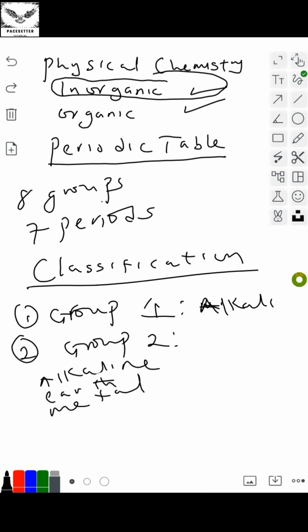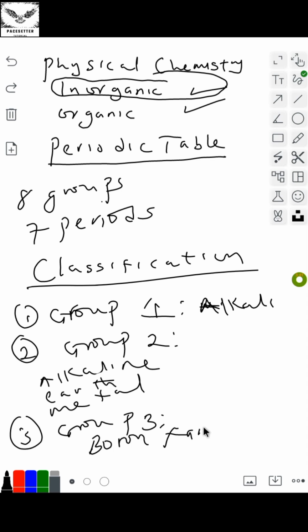Now, we have group 3, and that's where you have the boron family, or you could say the aluminum family.